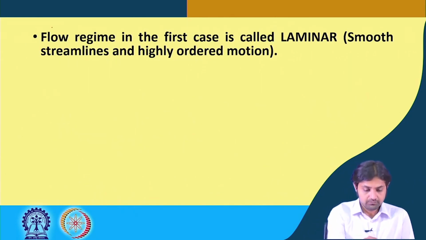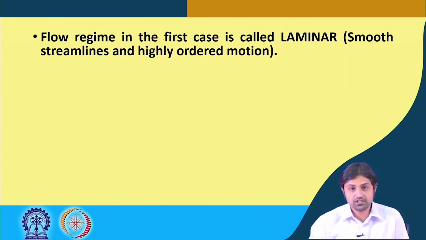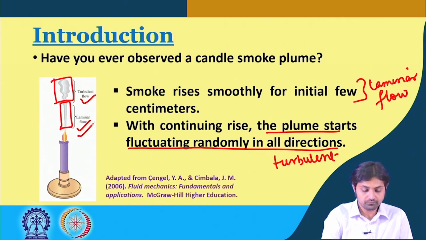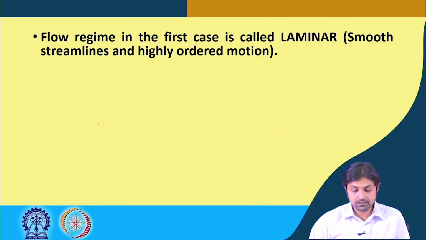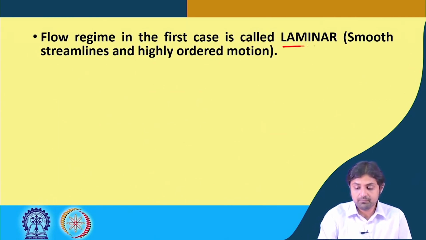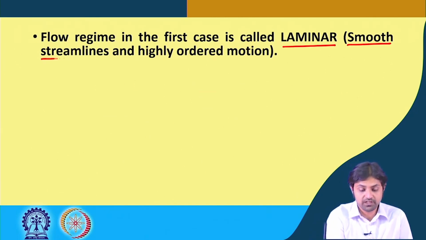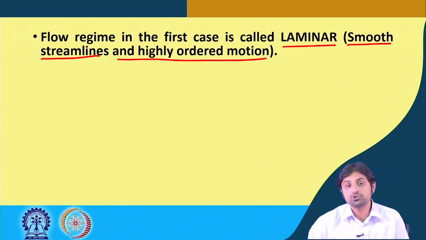So, as I said, the flow regime in the first case is called the laminar flow, where smooth streamlines are there, and it is a very highly ordered motion. So, no problems at all, very smooth.